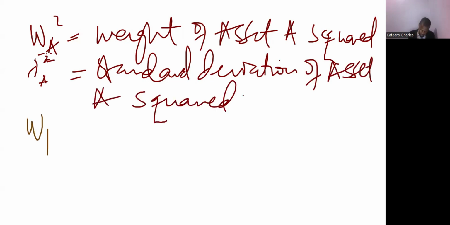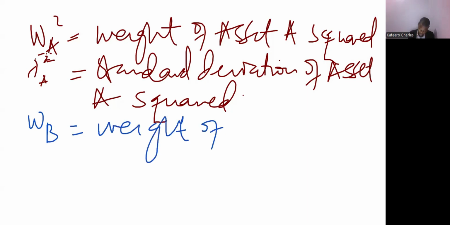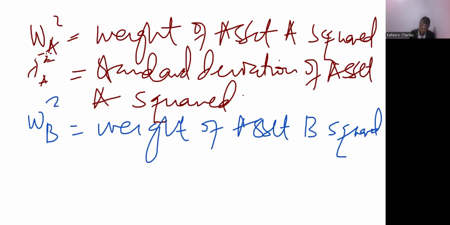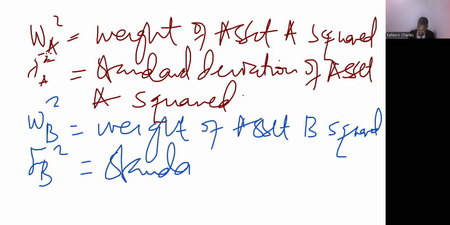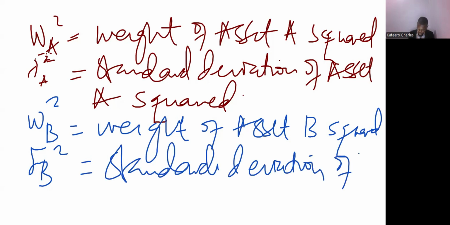Then WB is representing the weight of asset B squared. This is WB squared. Then standard deviation B squared. This is the standard deviation of asset B squared.